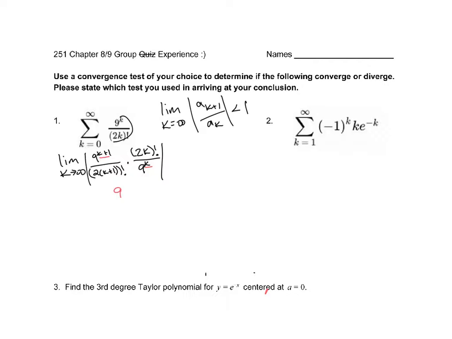When we think about this guy right here, it's really 2k plus 2 factorial. And so remember that if you have 2k plus 2 factorial, you could think of this as 2k plus 2. And then factorials decrease by 1 each time. So you're going to times that by 2k plus 1.